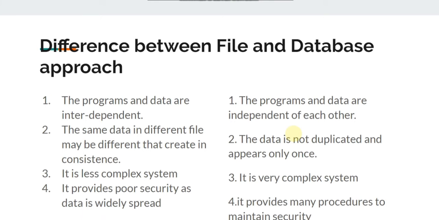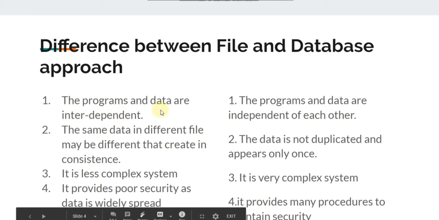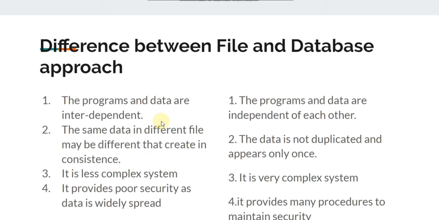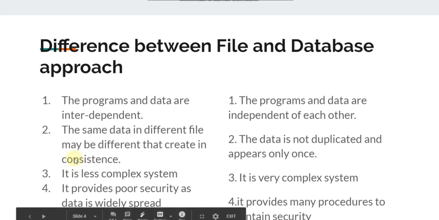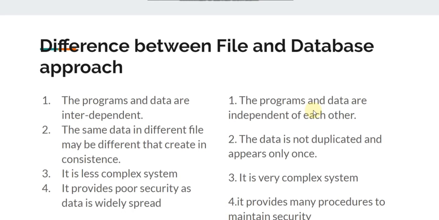So the first point is that programs and data are interdependent. So this is the file system and this is the database system.